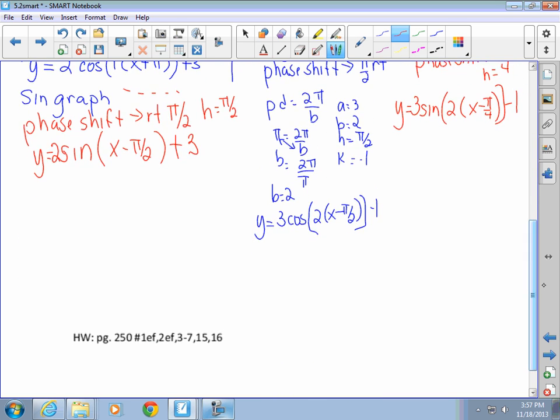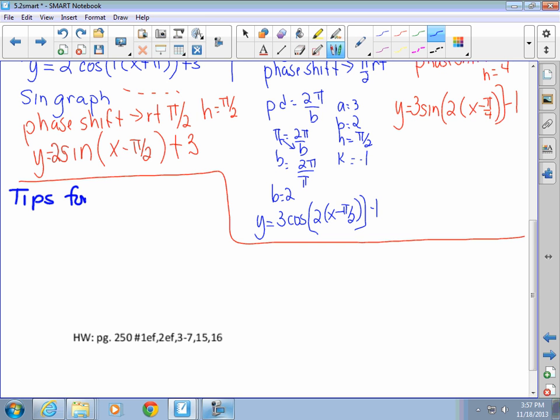Okay, and just a summary for this so that you can put it all together, some basic tips for you. Tips for finding equations.